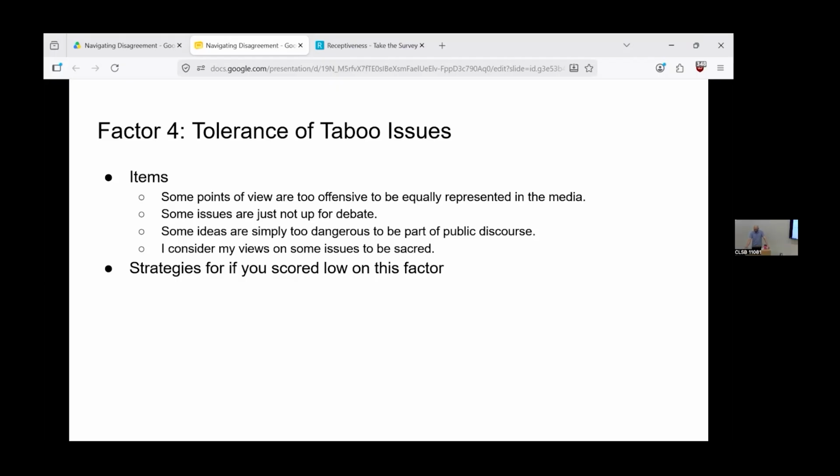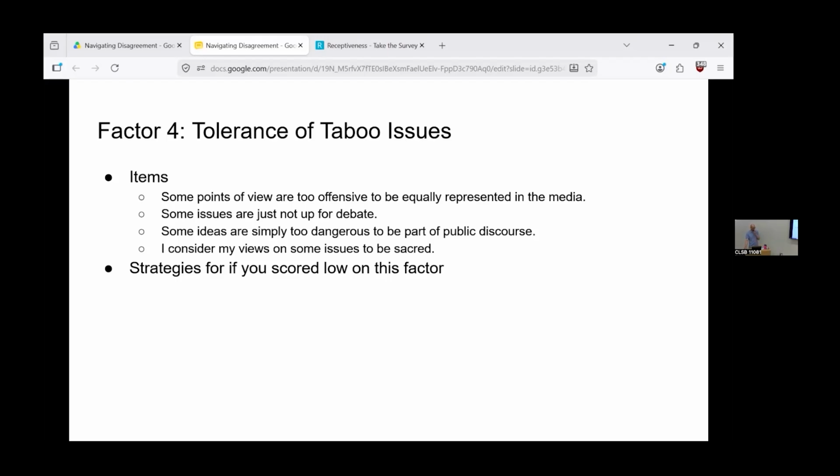I think it's okay to remove yourself from a conversation if it veers toward a topic you view as taboo. Absolutely. This training session is on navigating disagreement. That can include leaving. It's really unpleasant.